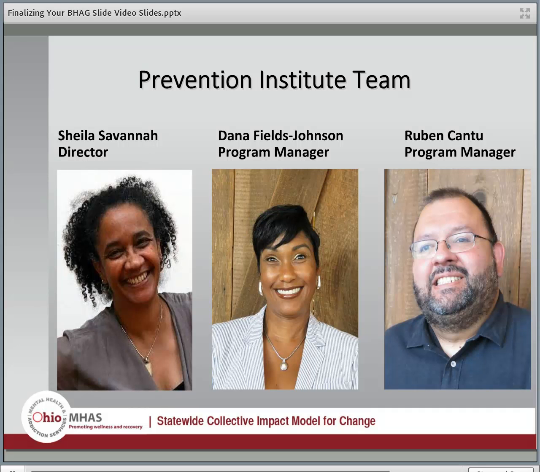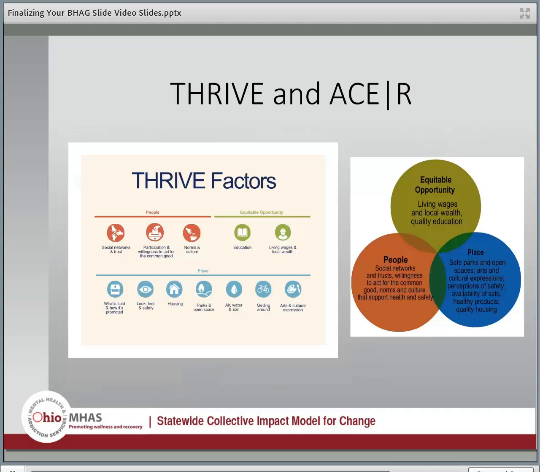As you work to refine and finalize your slide, our colleagues at Prevention Institute, whom you have been working closely with over the course of the CCIM4C initiative on your BHAG, have asked you to consider the following. Does your BHAG name and address a community-level structural factor contributing to the opioid epidemic?